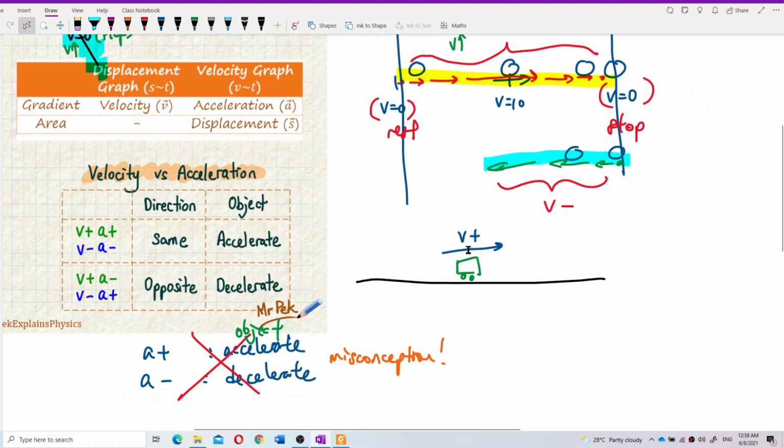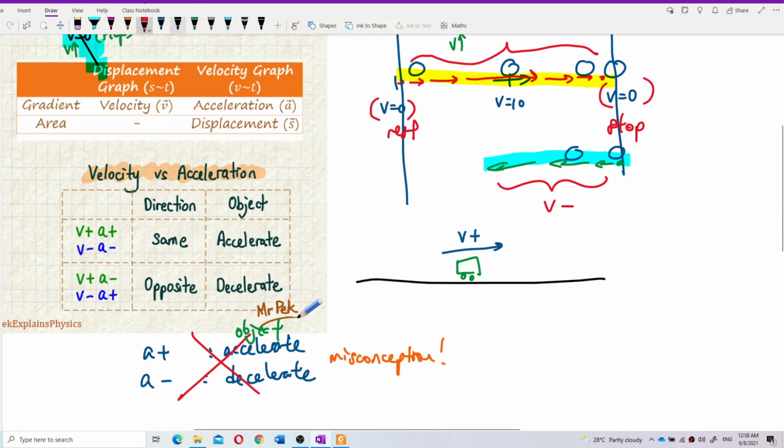How will we make this object accelerate? It means we want to make the velocity increase and increase, making the car move faster and faster to the right. How? The acceleration needs to be in the same direction.